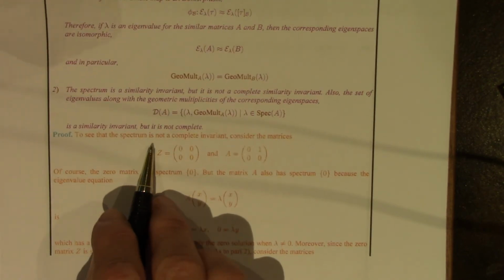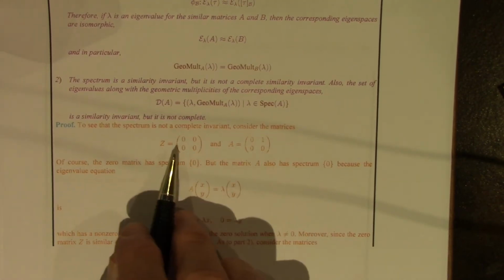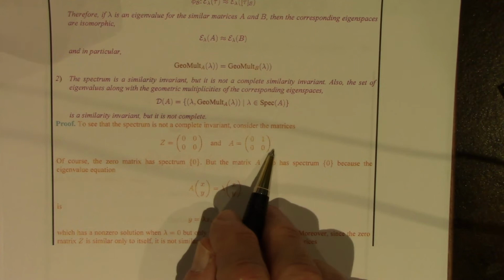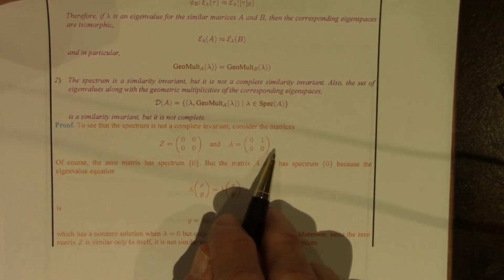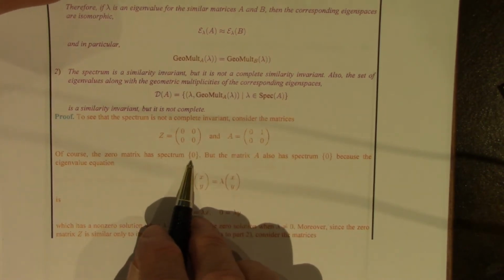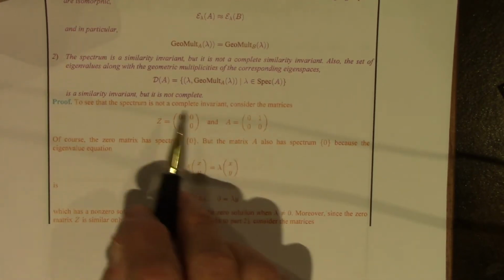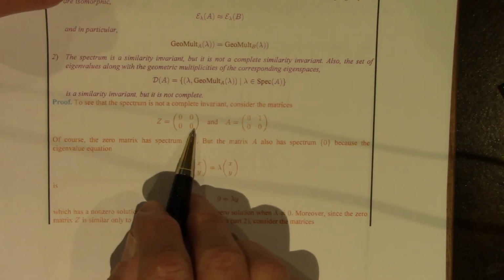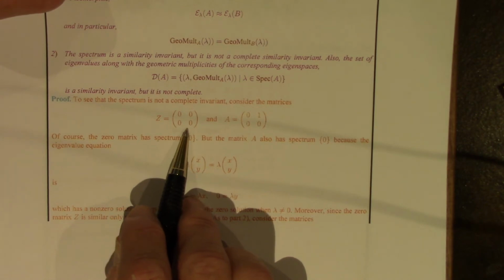To see that the spectrum by itself is not complete, we can just look at these simple matrices, the zero matrix and this matrix. Both of these matrices have the same spectrum. It just consists of the zero eigenvalue itself alone. It's pretty clear that the zero matrix has only the zero eigenvalue.